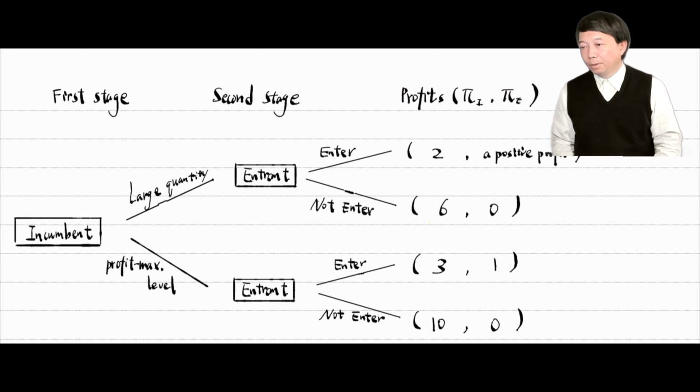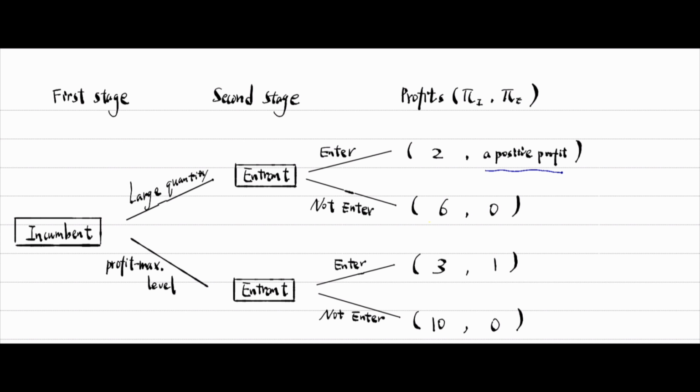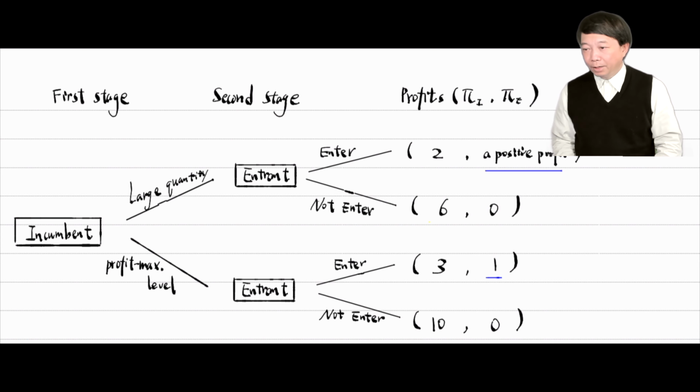In that case, the potential entrant's best response to the incumbent producing a large quantity is to enter the market. The potential entrant's strategy in the second stage is to enter the market, no matter what level the incumbent produces.